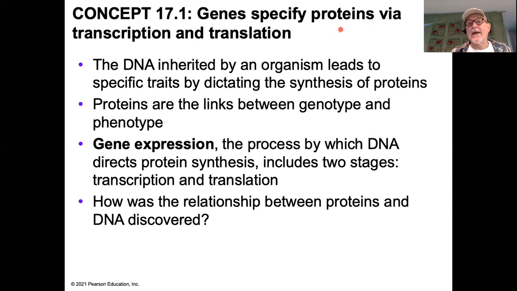So we need then to begin to understand what is the structure and function of the gene itself. What do we mean when we say that a gene is inherited or that a gene has different alleles? In order to understand that, we actually have to understand how DNA functions in the cell.